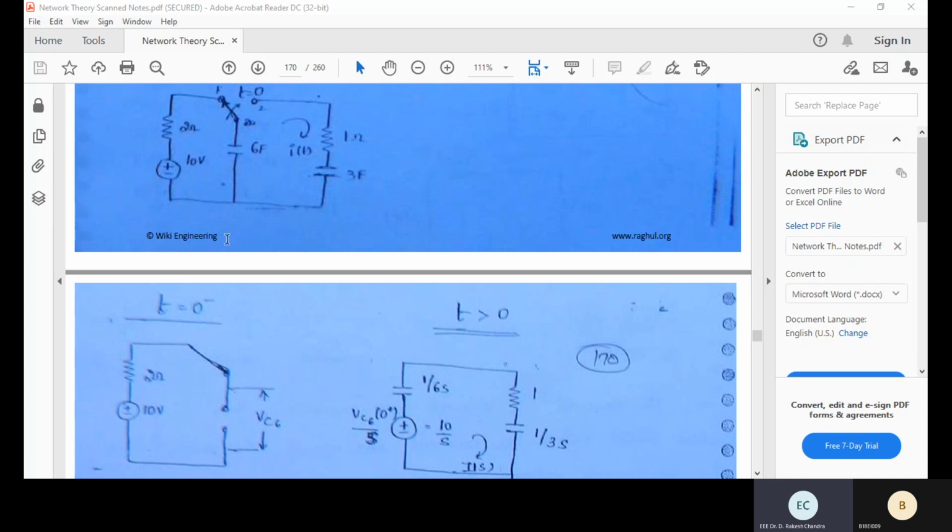Yes or no? Right. This is a 10 volt source, so 10 by s. And for the capacitor, it is 1 by cs.